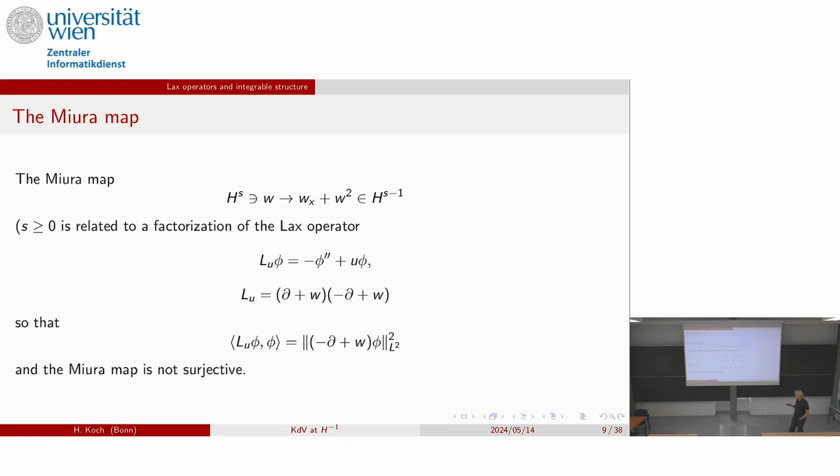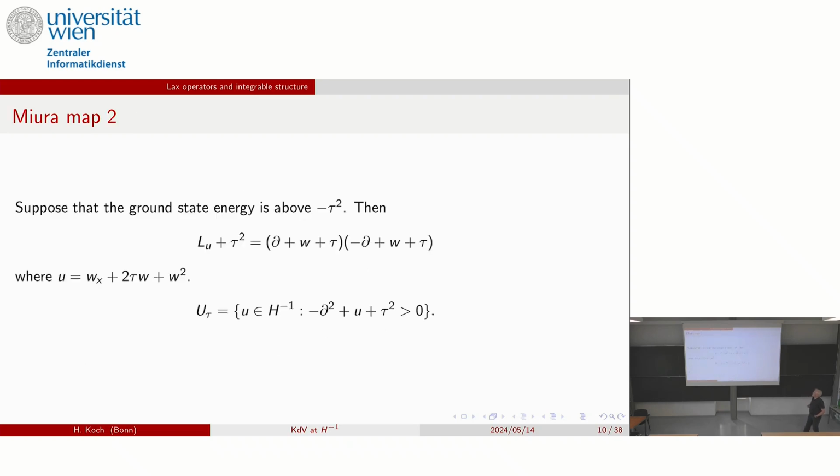There's a way to partly remedy that. Suppose you don't know that the Schrödinger operator is positive definite; maybe it becomes so if you add a constant. Then this factorization still works, and it's good to pull out this tau.